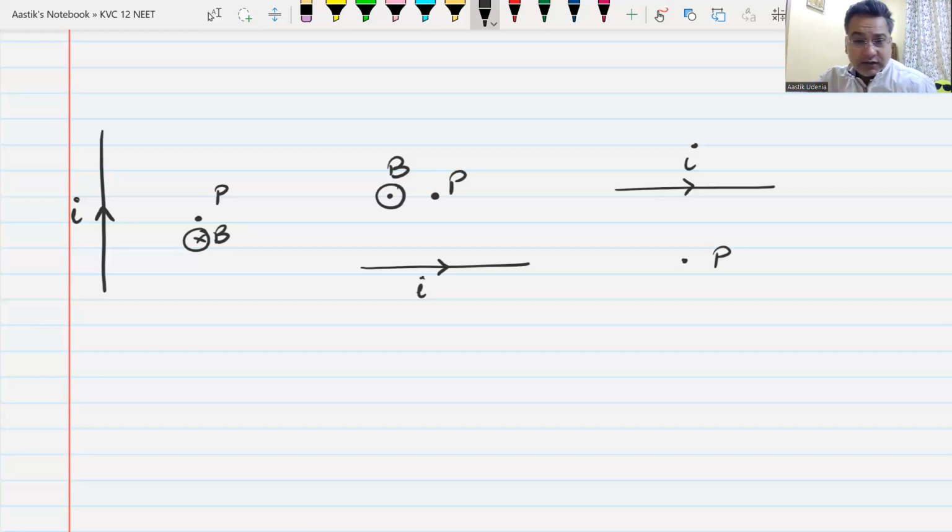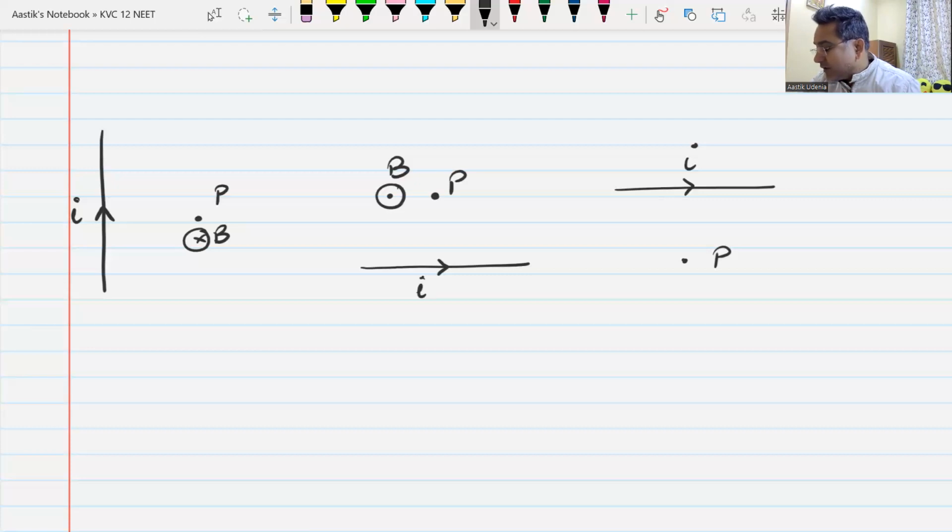So if you cannot turn your fingers in that direction, you can do the reverse case and then reverse your answer. Do you understand what I'm saying?